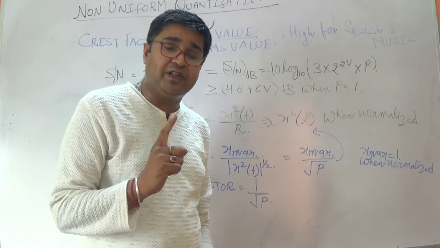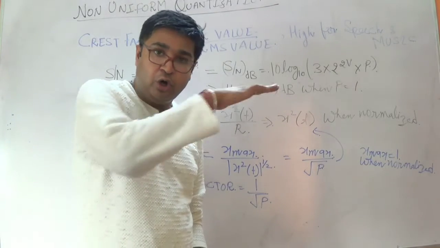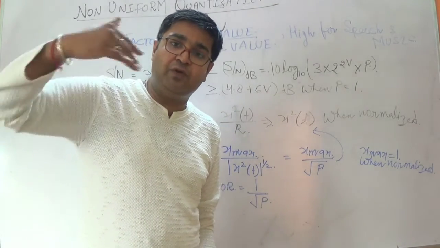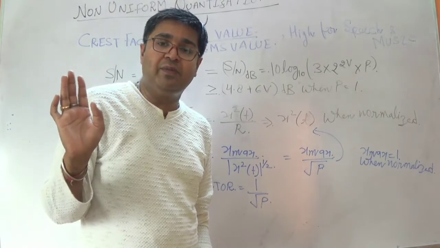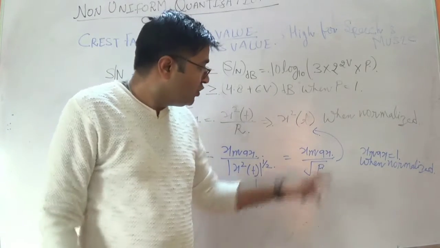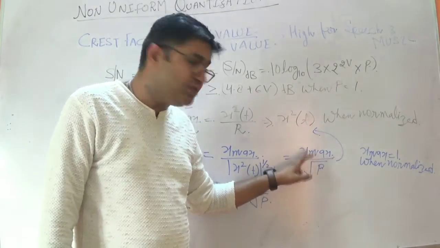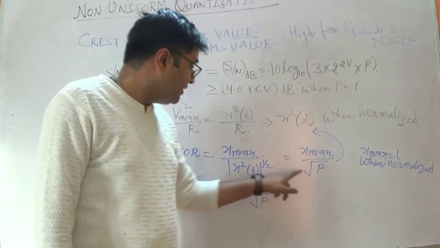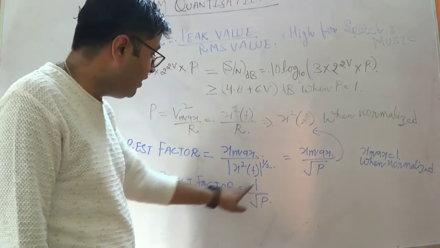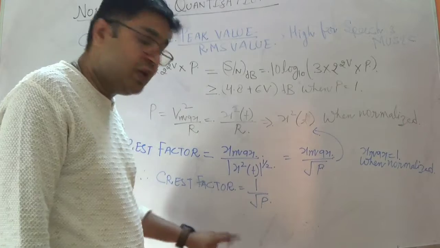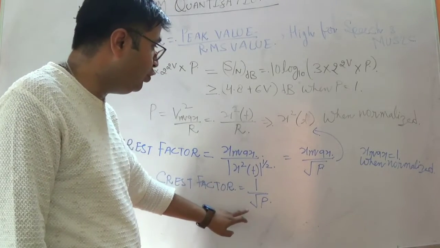This is a very important factor. Whenever we are doing a normalization, all the values above that particular level will be deleted. So x maximum becomes 1 and this crest factor becomes 1 upon root P.